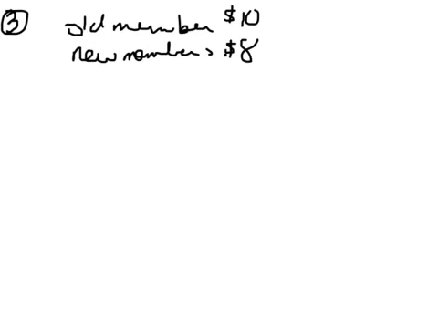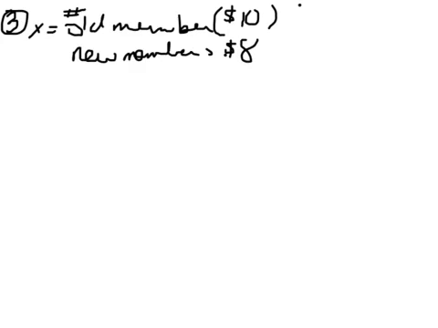Okay, so define the variables and write an equation expressing the dollars the club earns in terms of the numbers of old and new members who work. So maybe we do something like let X be the number of old members. And remember, they're going to get paid just $10.